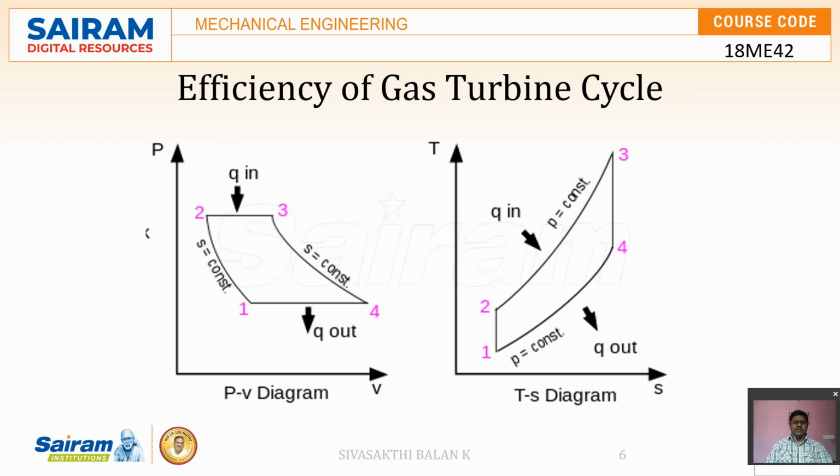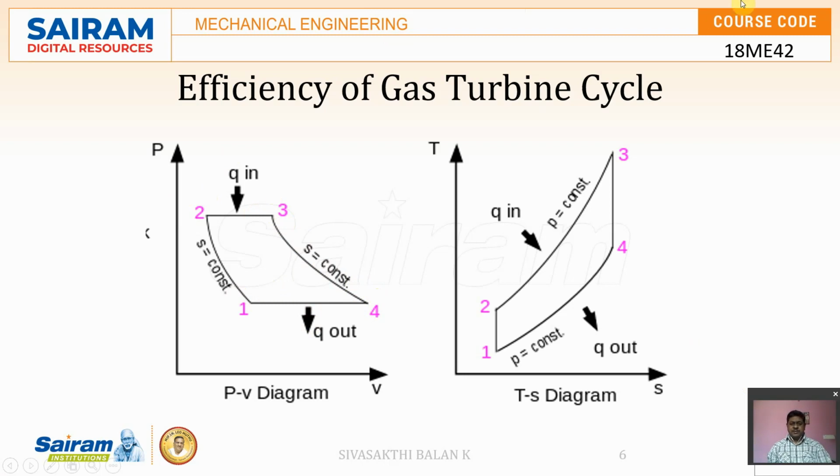This is the basic PV diagram and TS diagram. Process 1 to 2 is the isentropic compression, 2 to 3 is the isobaric heat addition, 3 to 4 is isentropic expansion, and 4 to 1 is the isobaric heat rejection.